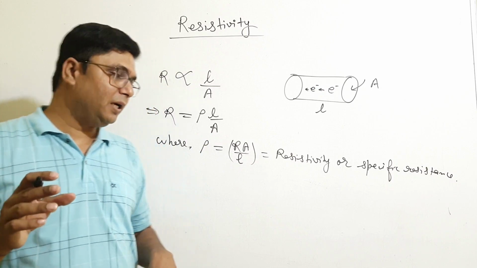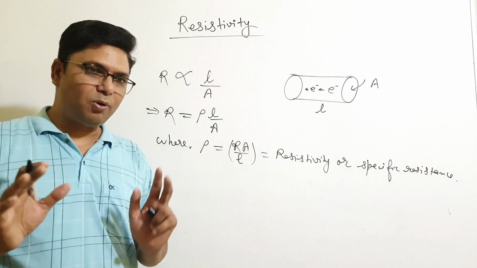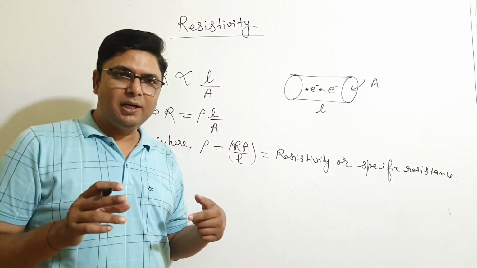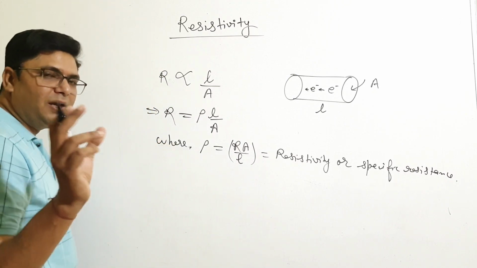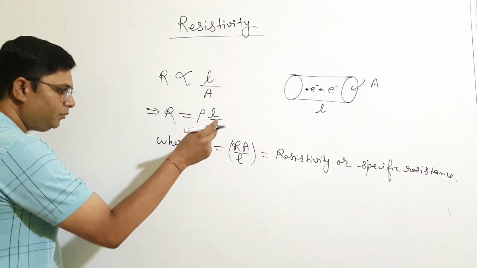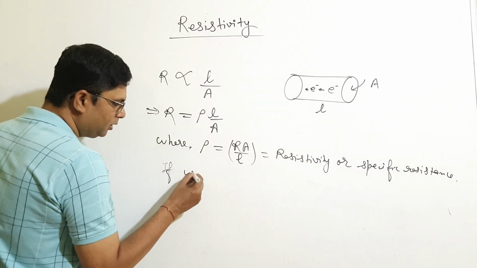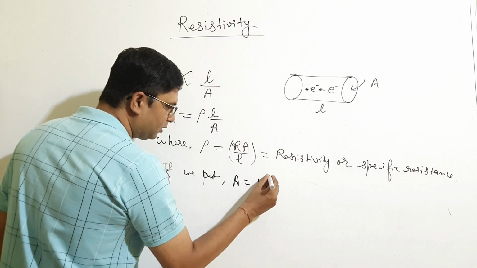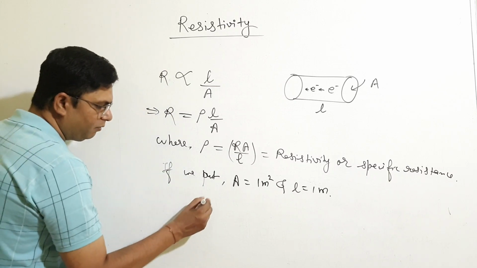Resistivity does not depend on area and length. It does not depend; this is the equation only. Later on you will see which quantity resistivity depends on. Now how will we define resistivity? If we put area equals 1 meter square and length equals 1 meter, then what will be rho?